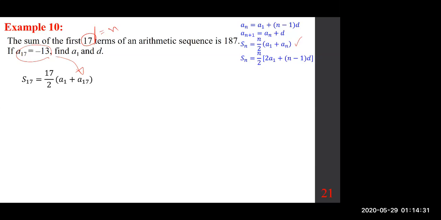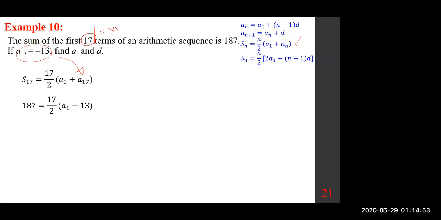Replace it, you can find a sub 1. This is a very simple process, everybody. I'm assuming everybody can handle this simple case. So you multiply both sides by 2, you divide by 17.